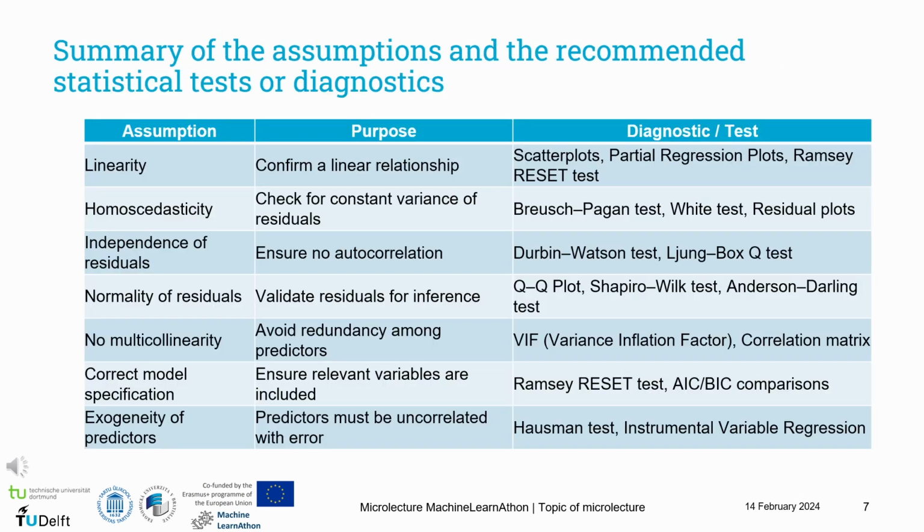To ensure the validity of multivariate regression, we must verify that the key assumptions are met. Here is a summary of the assumptions and the recommended statistical test or diagnostic used to evaluate each one. Validating these assumptions is essential for making reliable predictions and drawing sound conclusions from regression models.